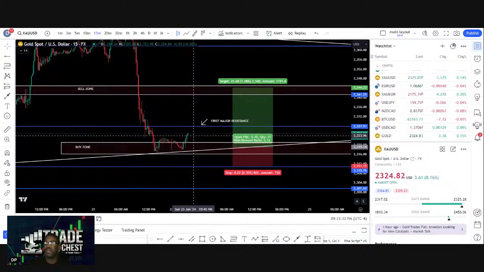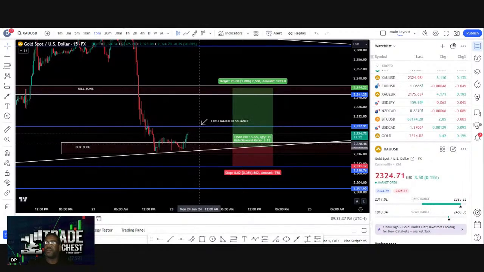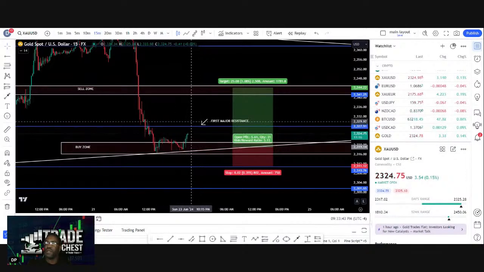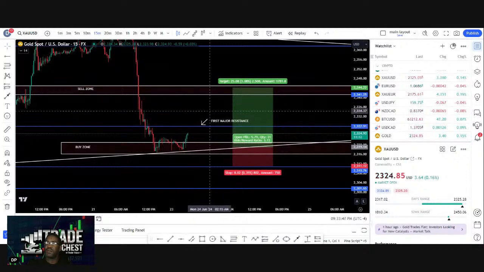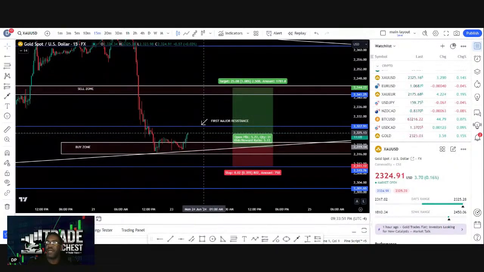And then once I go into 30, 40, 50 pips of profit, I'm going to put my stop loss to where I'm going to at least gain 10 pips in profit. And as price goes up, I'm going to be moving my stop loss up with price, keeping it 20, 30, maximum 50 pips behind where price is actually at.